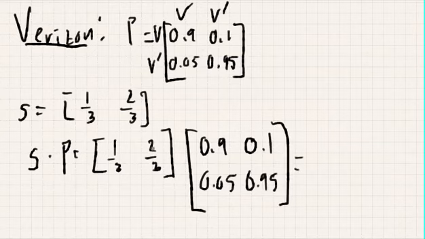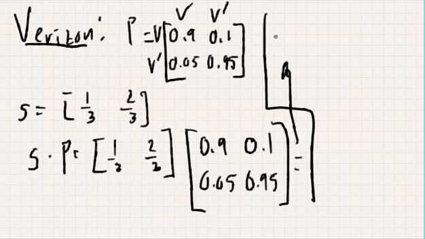Now this is equal to this row times this column, so that gives me 1/3 times 0.9, which is 0.3.